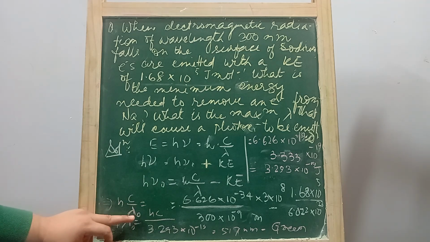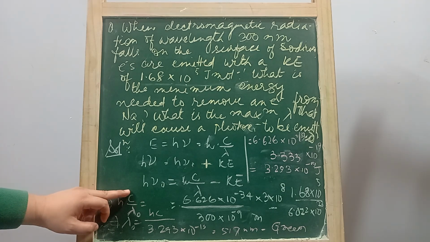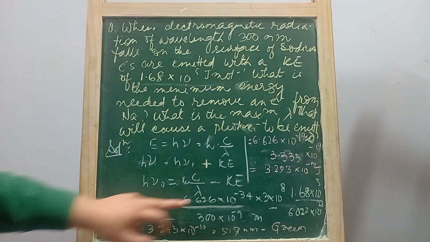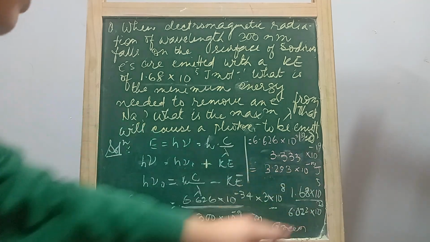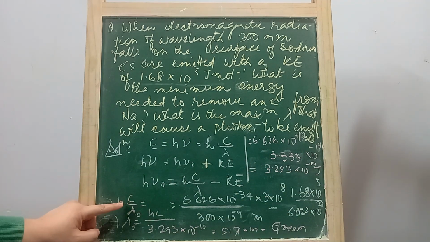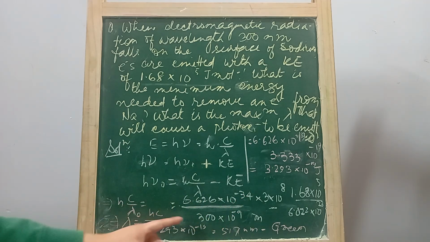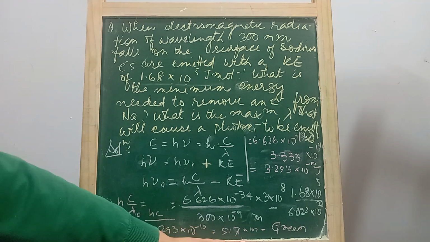So here we have Planck's constant and the velocity of the electromagnetic wave, and we divide h into c by 3.293 into 10 to the power minus 19 joules, which will give the wavelength. Planck's constant is 6.626 into 10 to the power minus 34 joules second. The velocity of light is 3 into 10 to the power 8 meter per second. When simplified, it becomes 517 nanometers. And this corresponds to green light.